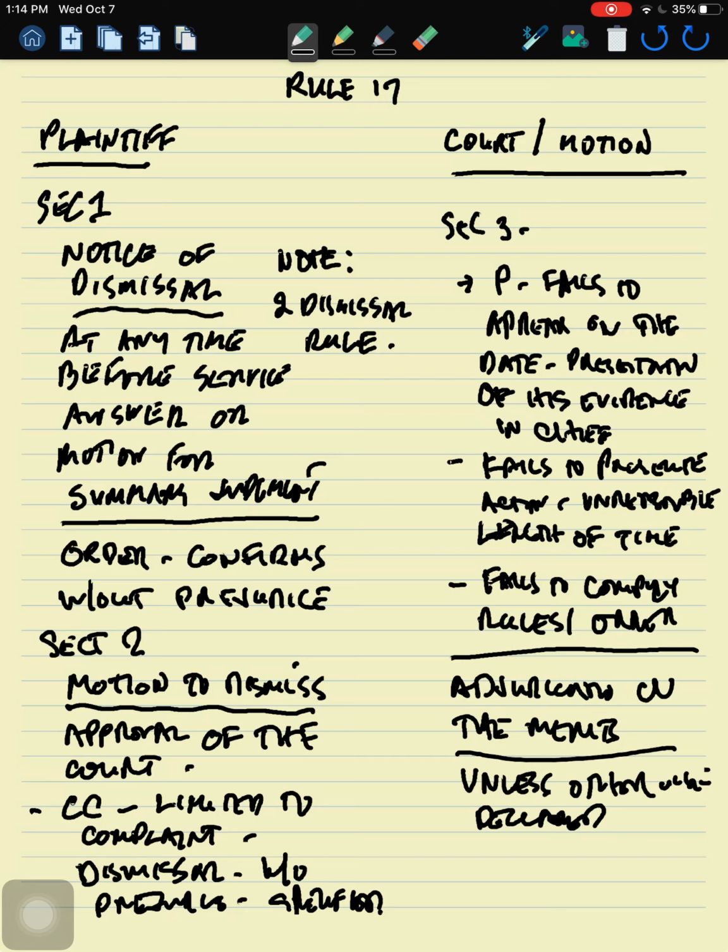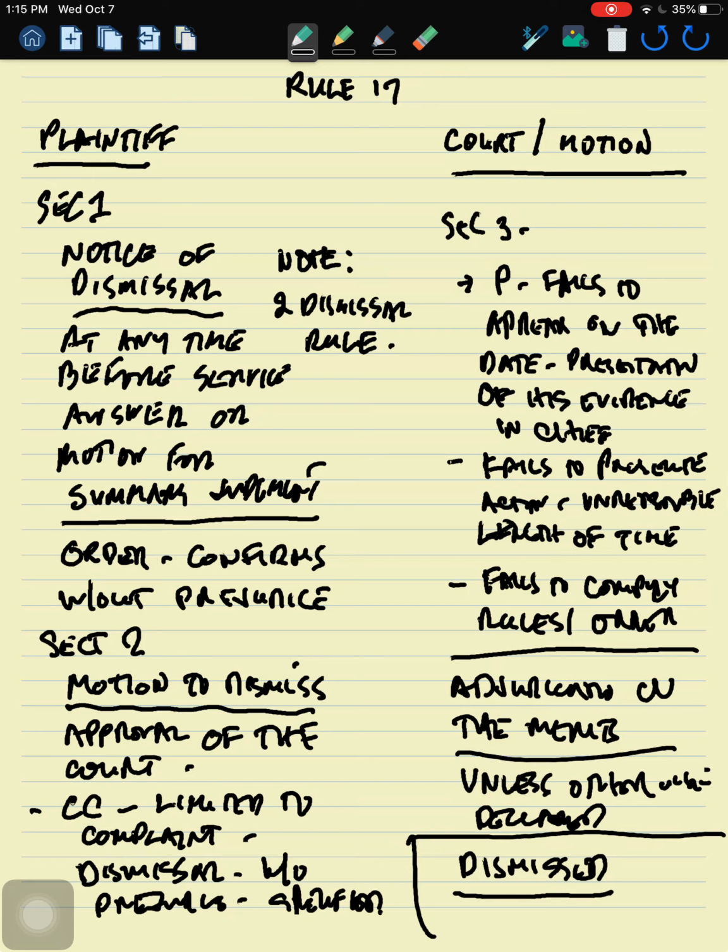At this point, I'd like to point out a difference. Under sections 1 and 2, the court will simply say dismissed. The same holds true under section 3. The court simply says dismissed. But there is a difference between a statement dismissed under section 1 and section 2 and dismissed under section 3.